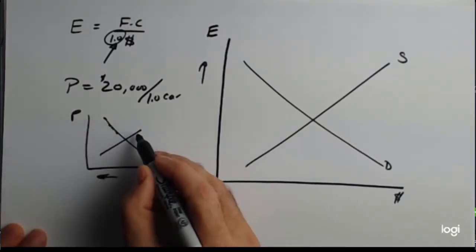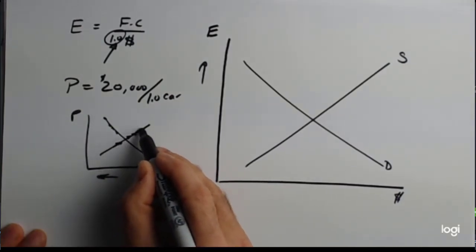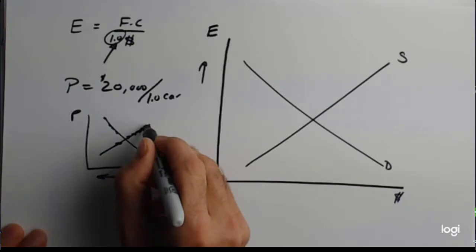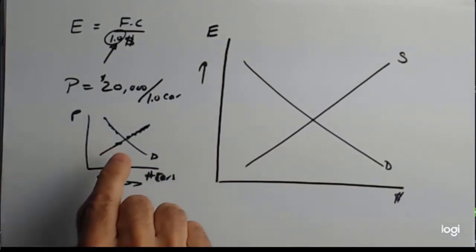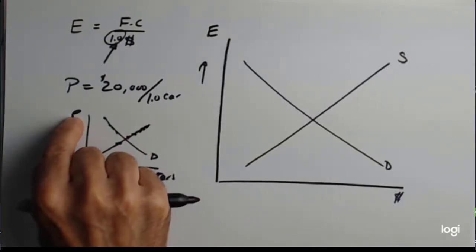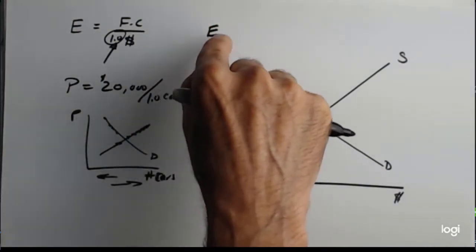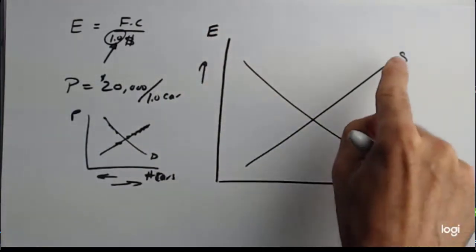If the price of cars goes up, the quantity supplied will go up because manufacturers will get a higher price for it. Then they're willing to supply more cars. So you move along these lines when price changes, or in this case, when the value or the price of the dollar changes, you move along these curves.